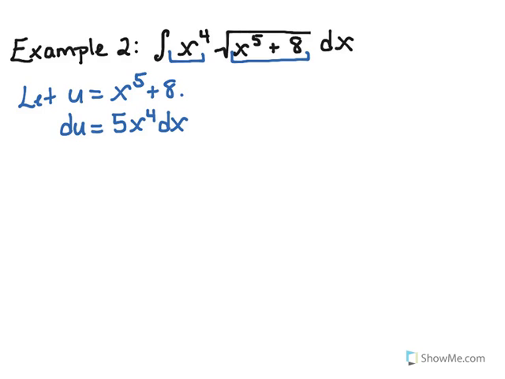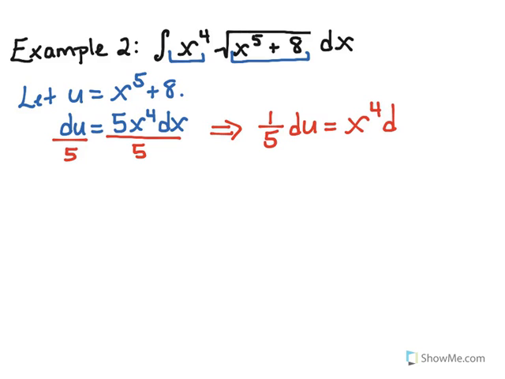And now I've got 5x to the 4th dx. So what I'm going to do is divide by 5 on both sides. And that's going to give me 1/5 du is equal to x to the 4th dx.